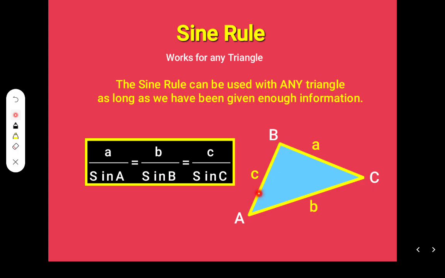And this is equal to the ratio of side c to the sine of the angle which it is facing. So this equation here is what is called the sine rule. Take note, this is the sine rule. It is a very useful rule which we can use to solve for any side when enough information has been given.